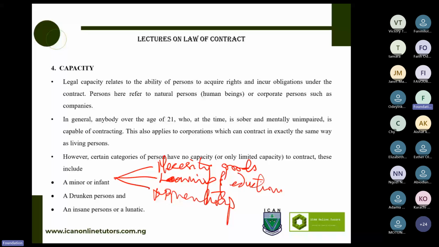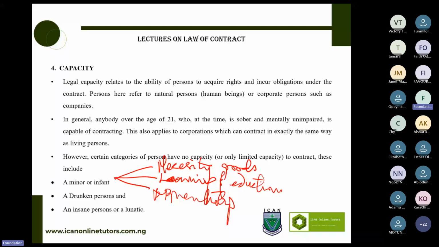Goods of necessity include things that relate to feeding, shelter, and the likes. Then education and learning. During your apprenticeship time, any contract you enter into that relates to it and serves your good is valid.